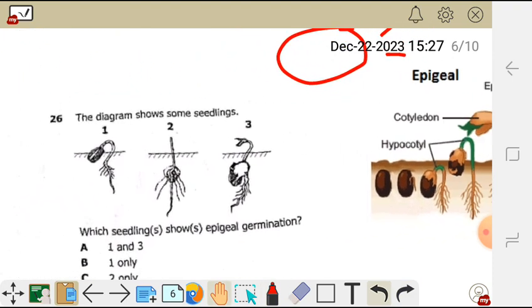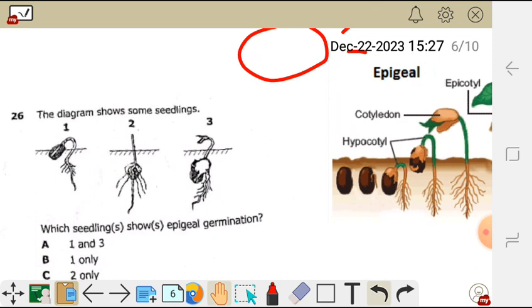So in these seedlings, which one is showing epigeal germination? After I've explained what epigeal and hypogeal mean, you must get this question correct. Epigeal, I said epi, outside the ground, so the seed also comes outside. So one shows epigeal germination. You can see the roots remaining inside the ground, then the seedling is coming out with the cotyledon.